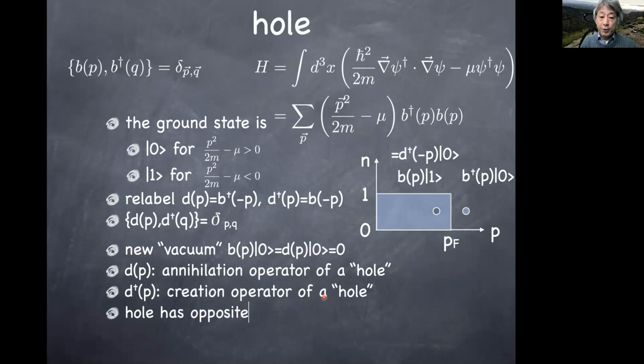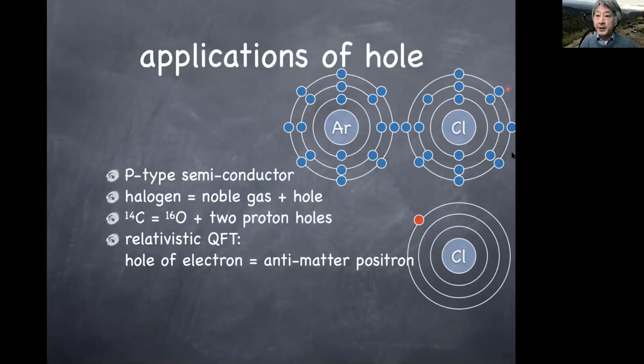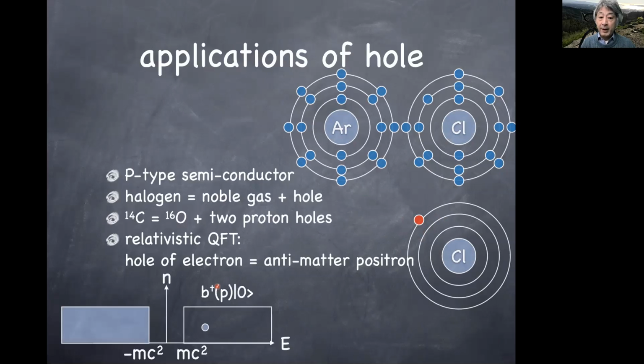But this actually turns out to be extremely useful because in some cases, you can replace this horrible multi-particle system with just a single particle problem, which is a lot easier to deal with. You can talk about the pair creation of particle and a hole. And in the relativistic case, that description turns out to be really fundamentally important because that turns out to be really the idea of the antimatter in the universe.